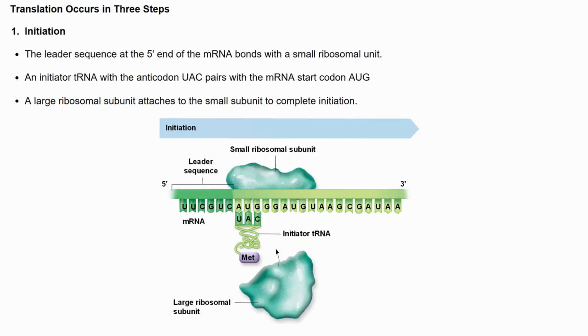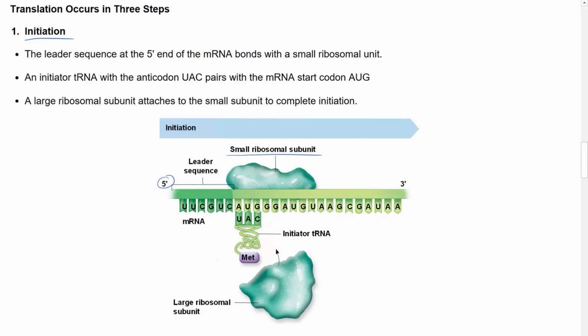Translation occurs in 3 steps, the first of which is called initiation. And in initiation, the leader sequence, which is at the 5' end of the mRNA molecule, bonds with a small ribosomal subunit.